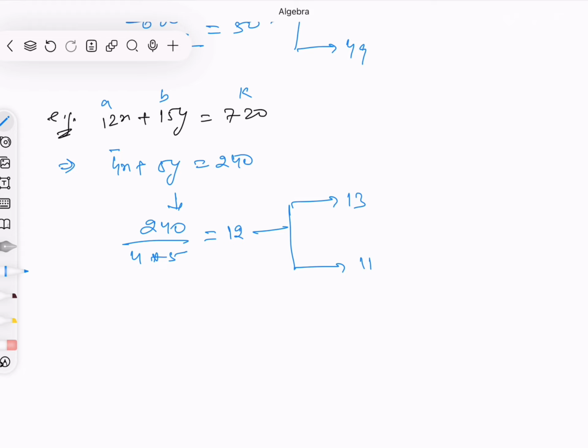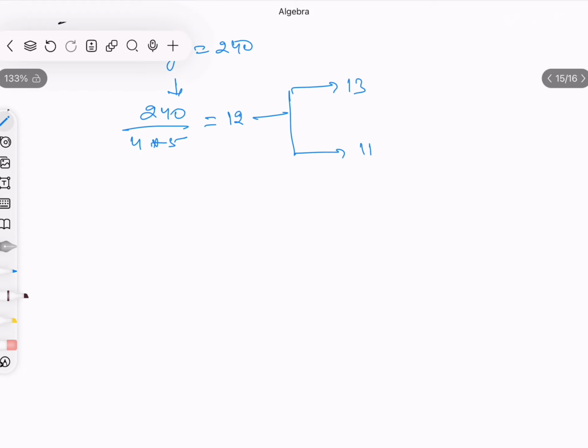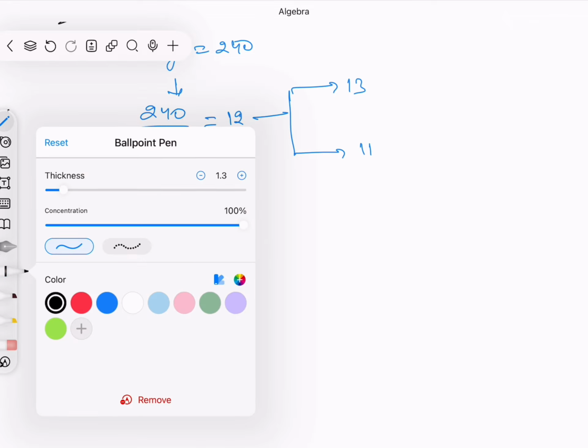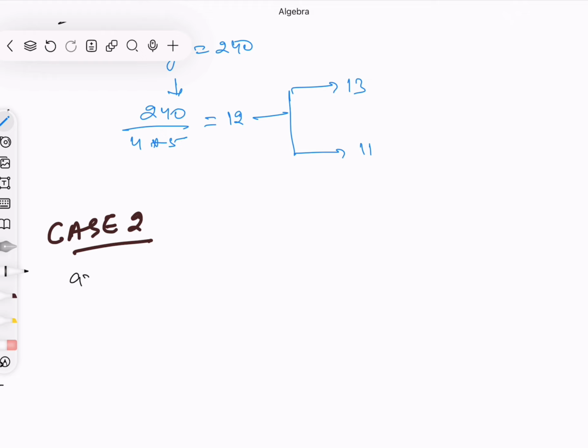Let's see case 2. Again, we have this ax plus by equals k. Now this time not both are factors of k, but one of a or b is a factor of k.